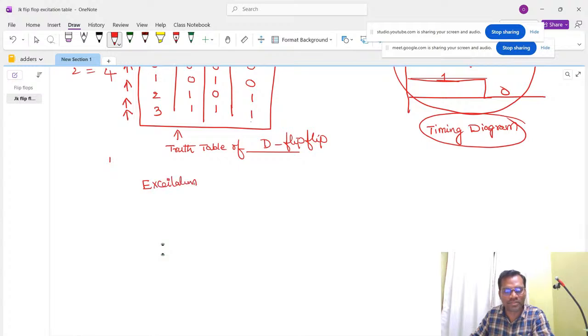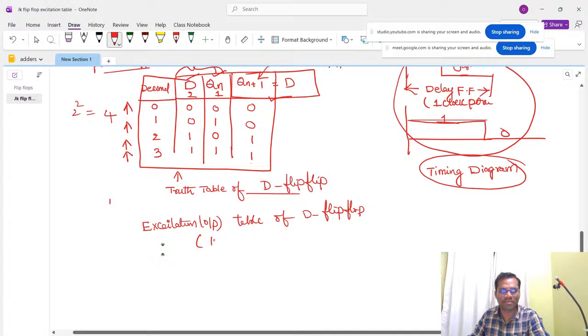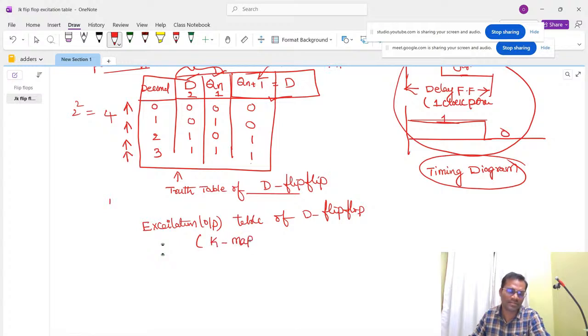Excitation means the output, the excitation table of the D flip flop. How to get the excitation table of a D flip flop is with the help of a map, which is called a K map.